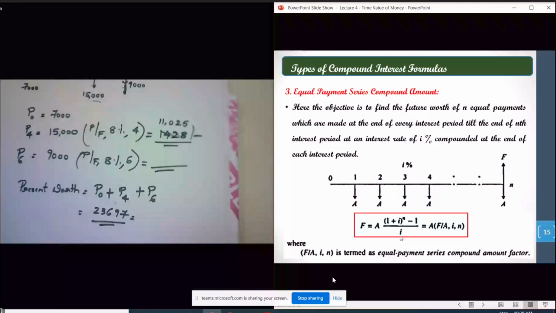The i is also not clear, so please make it i. Here we will get to know the future value, the F value, for this equal deposit which we are going to make.